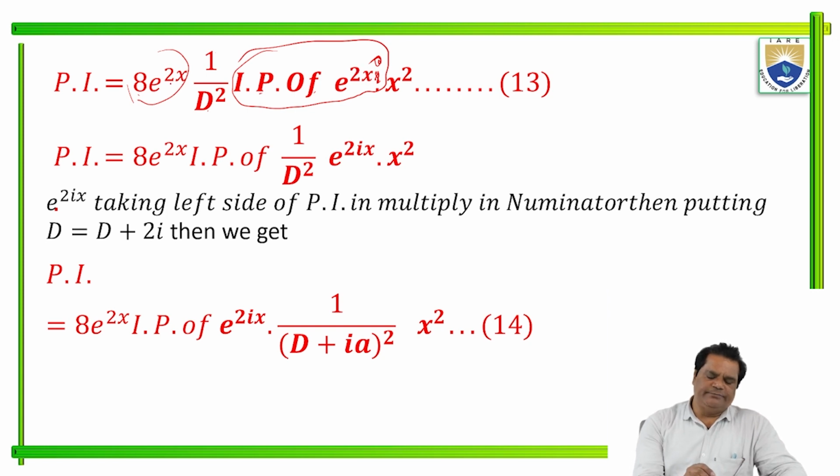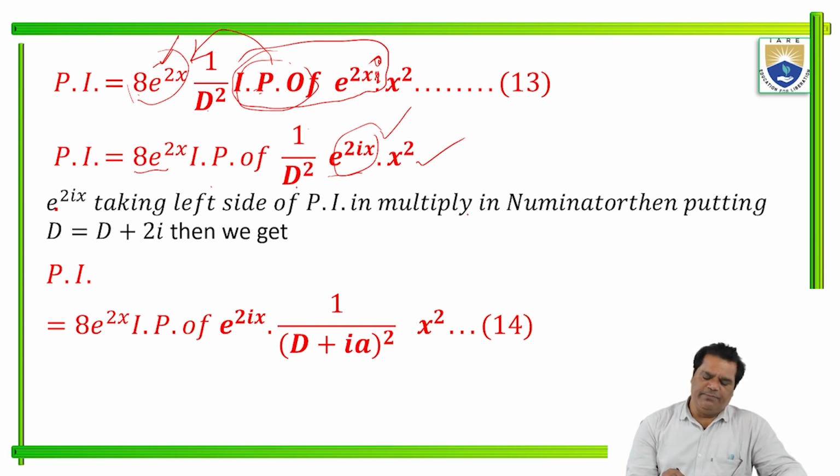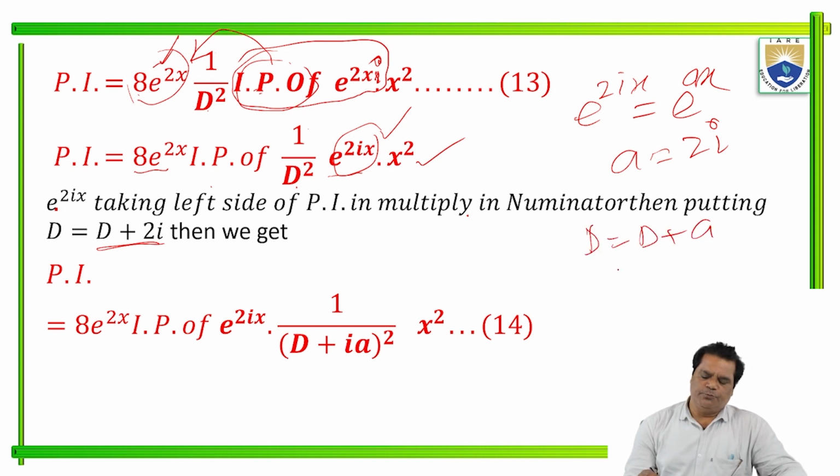So the imaginary part is taken to the left side, and we write 8e to the power 2x, the imaginary part of 1 upon D squared, e to the power 2ix x squared. Again the exponential function comes, so e to the power 2ix is taken again to the left side of the operator, in the numerator. Here e to the power 2ix is e to the power ax, so a is again 2i. Putting D equal to D plus a, so D plus 2i.